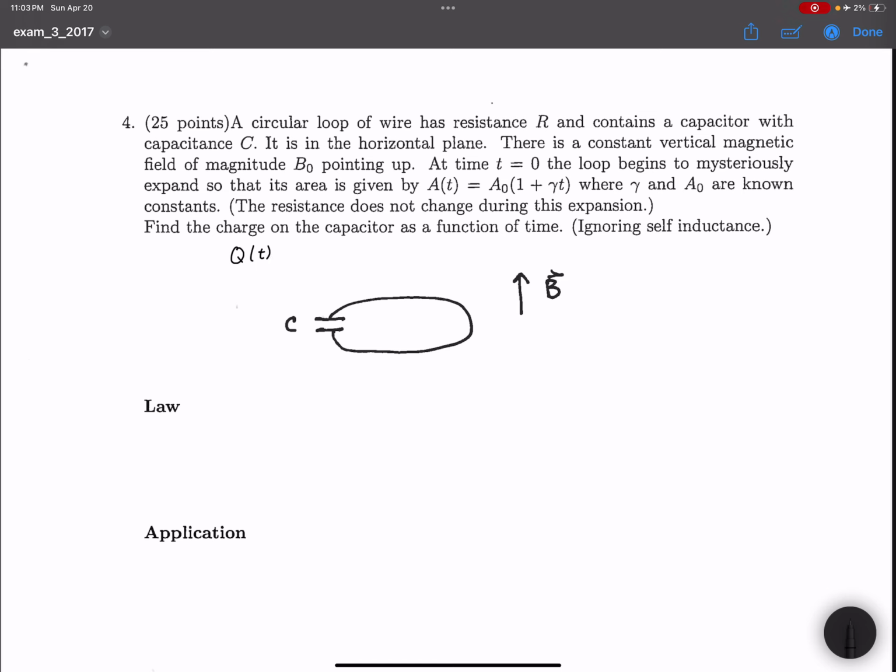Okay, so this is another Faraday's law question. So this is the law we're going to be using. Shout out to our TA Brian for giving us a more generalized form where you do automatically write the double integrals.